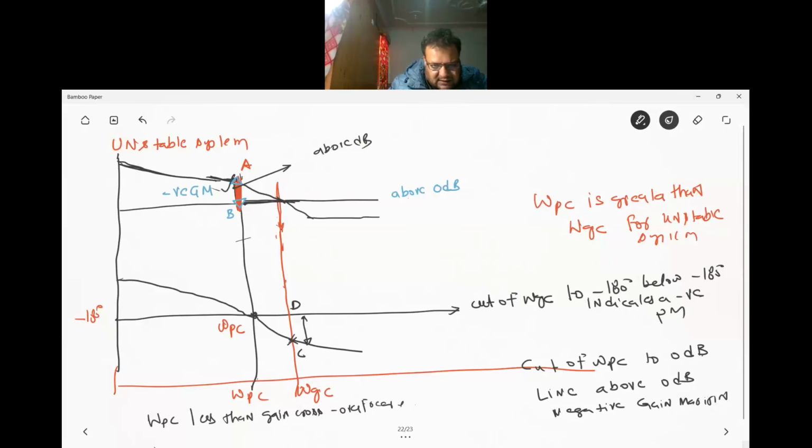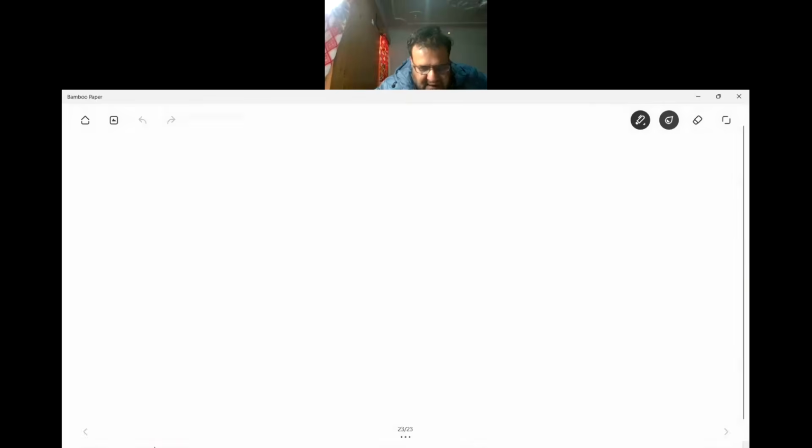Now notice your gain crossover frequency: the magnitude plot crosses the 0 dB line at this point, and this cuts your phase angle plot at C, below the minus 180 line, which means negative phase margin. So here ω_pc is less than ω_gc, and both gain margin and phase margin are negative.